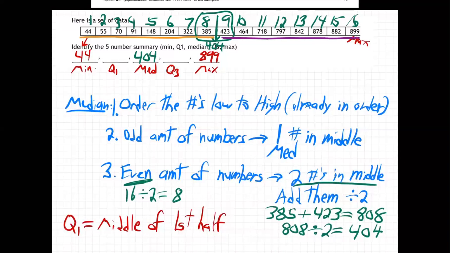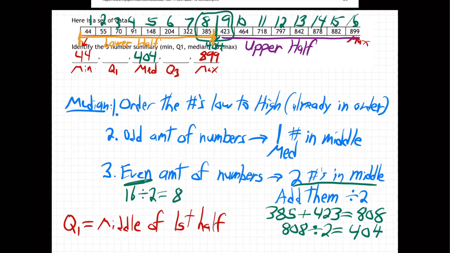Right? So this is the lower half of the set of numbers. And this is the upper half. So the lower half, an arrow right here. There's the lower half from here to here.